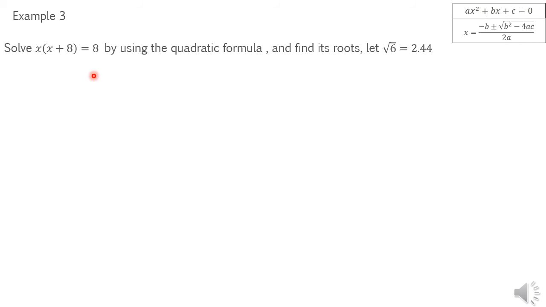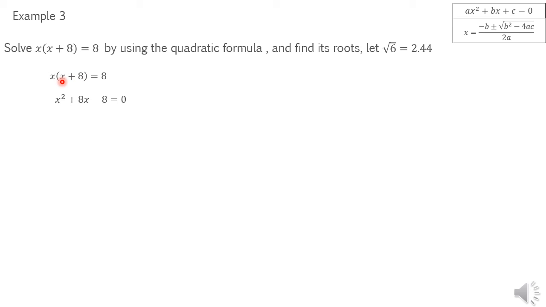Now see this, student, this is the equation. Inside the bracket there are two terms, x and 8. That means the term in front of the bracket, that is x, you have to multiply with both terms. If you multiply x by x, you get x square.